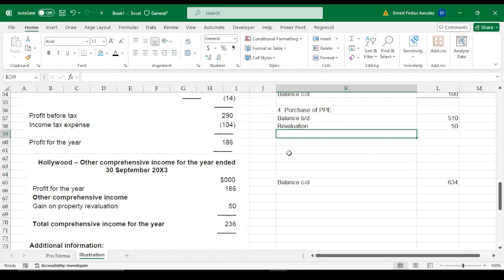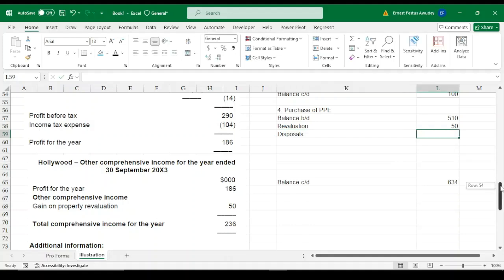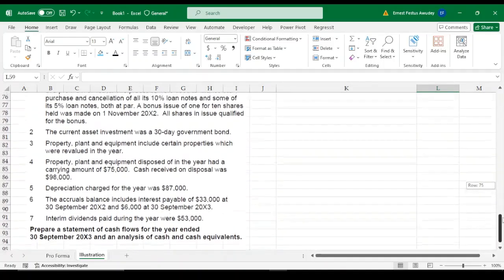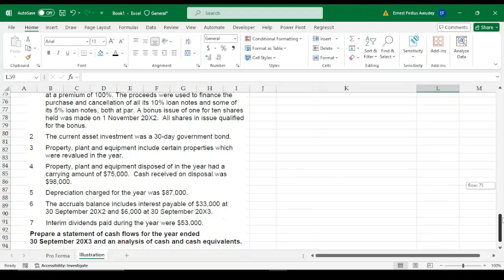Okay. Then the next item we want to look at is if there are any disposals. We have already established that there has been a disposal of property, plant, and equipment. And how much did we dispose of? The property, plant, and equipment disposed is 75,000.